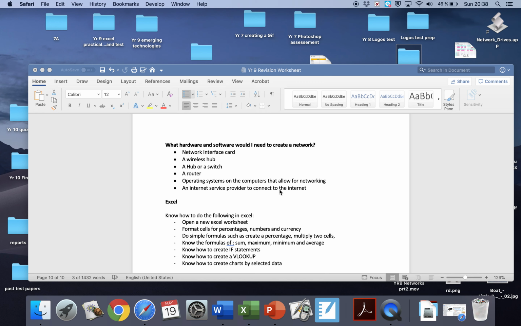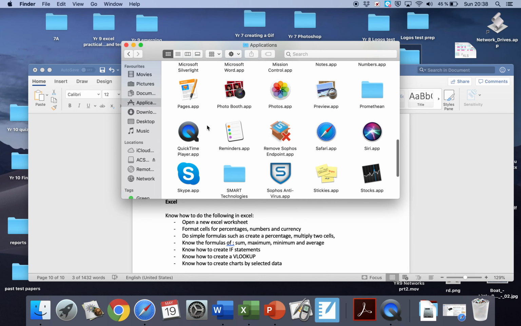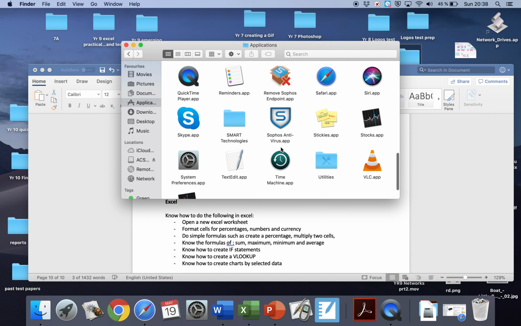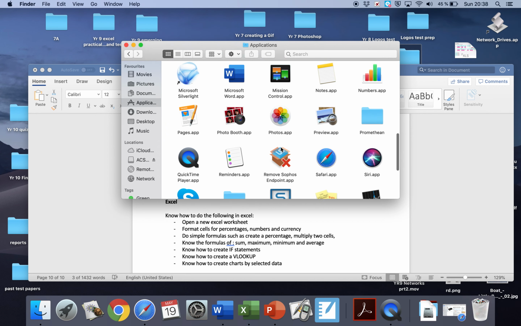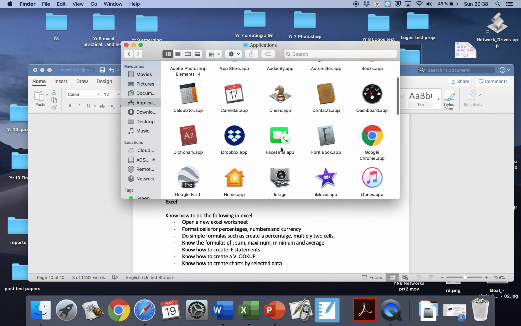We'd need operating systems, for example. We need operating systems like we have here on our Mac, which allow us to connect to the network. Let me look and see if I can find something that would show you an example of a networking system on my application.